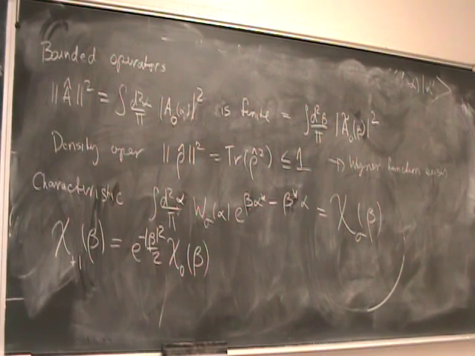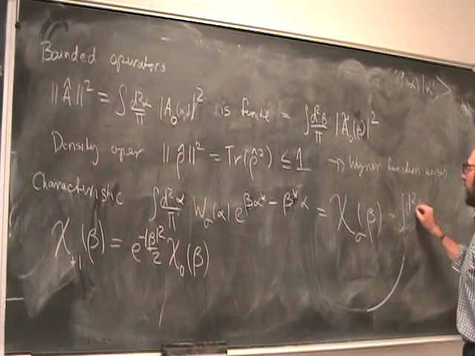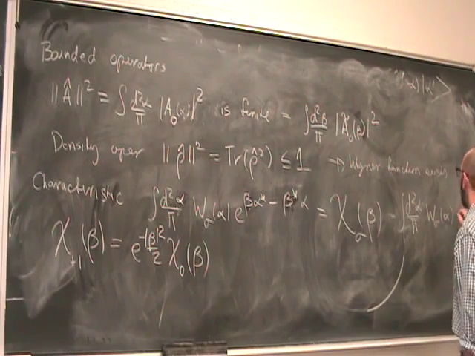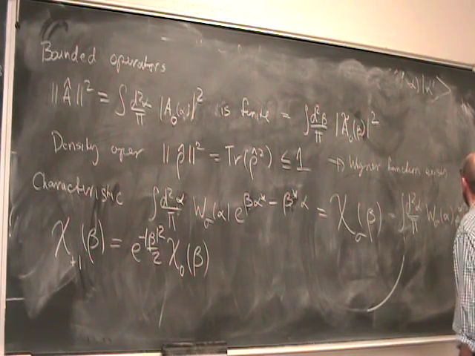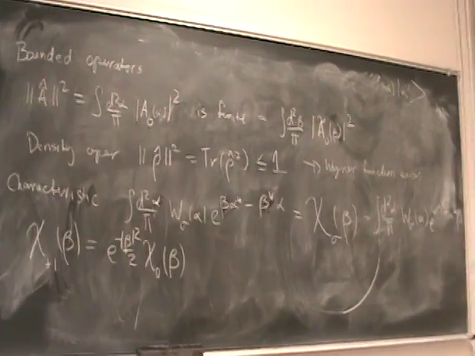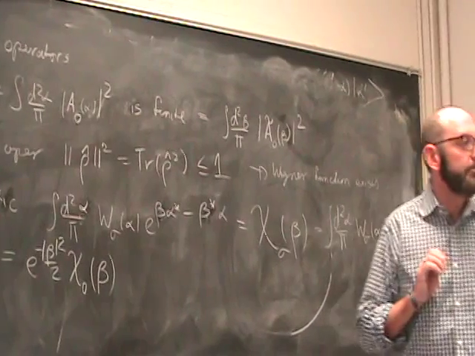But now we are defining chi with the pi and W sigma without the pi. If I define it this way, then the inverse Fourier transform will have this. But I don't want to get stuck on minus signs and factors of pi. I want to get to the important physics, not these details, which we can fix.